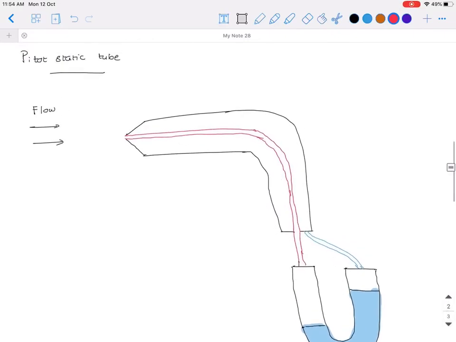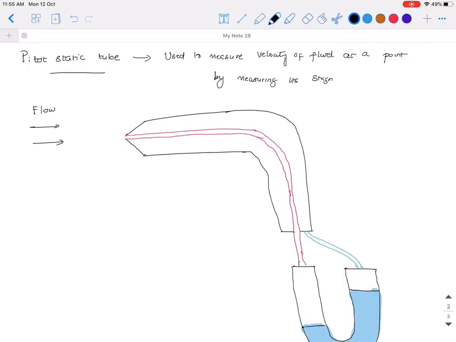The pitot static tube is used to measure the velocity of fluid at a point by measuring its stagnation and static pressure.